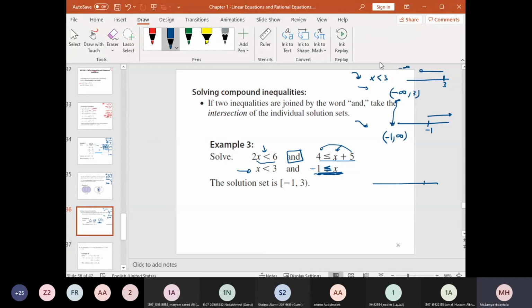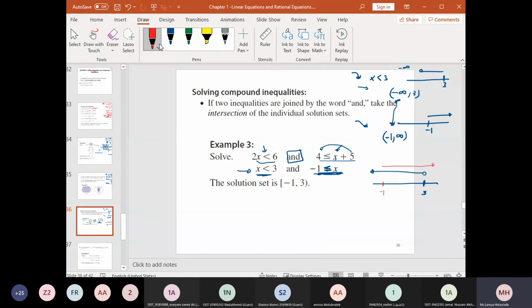The first one goes from minus infinity up to 3 like that. Is 3 included or not? 3 is not included, it's open there because there is no equality. What is the other set? The other set goes from minus 1 up to infinity like that.